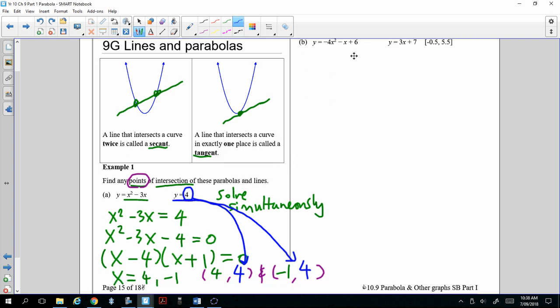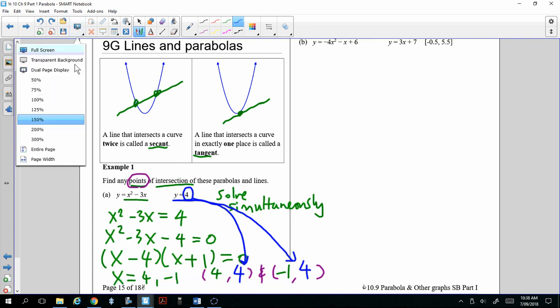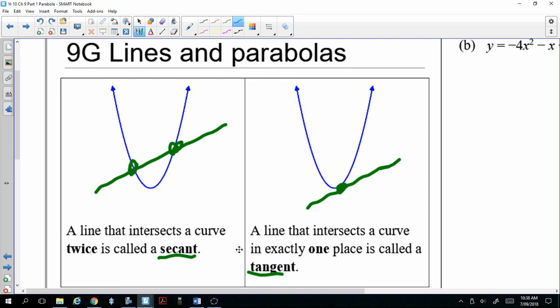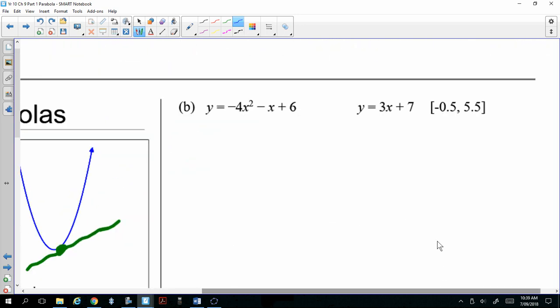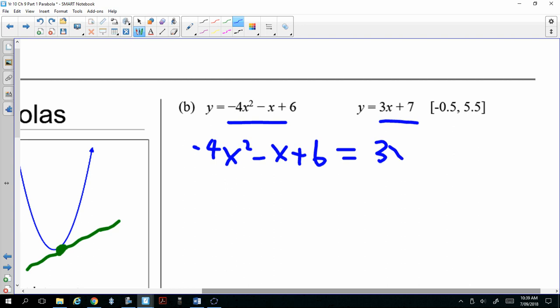Solve these simultaneously. This one requires more lines of working. It gets a little bit harder. Okay, good. Let's try that. So you make them equal. Make this equal to this. All right, make them equal. Move all terms to the left side.